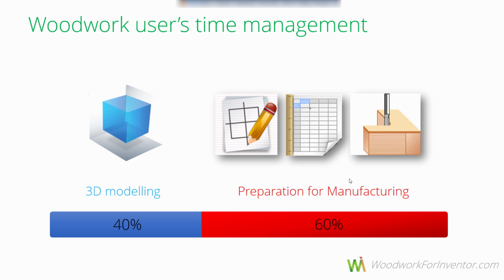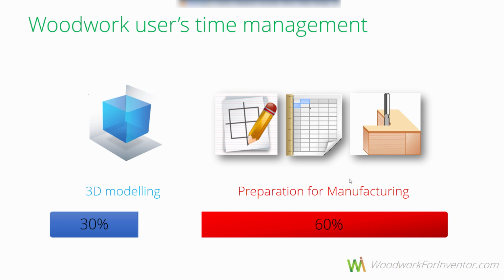Everything changes when Woodwork arrives on the scene, because it drastically reduces those times. It speeds up 3D modeling, because you get a skeleton design approach, automated drillings for the hardware, a quick and easy way to adjust the materials, and iBoxes, which allow you to place standard objects very easily.